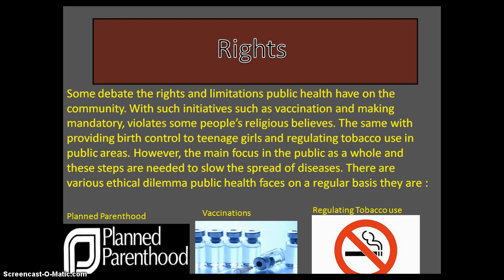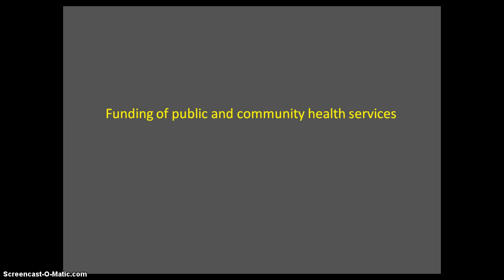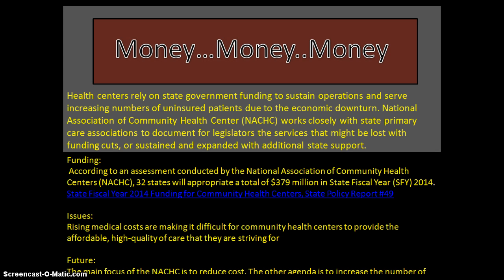Now, let's talk about funding of public and community health services. It's all about money, money, money. Health centers rely on state government funding to sustain operations and serve increasing numbers of uninsured patients due to the economic downturn.